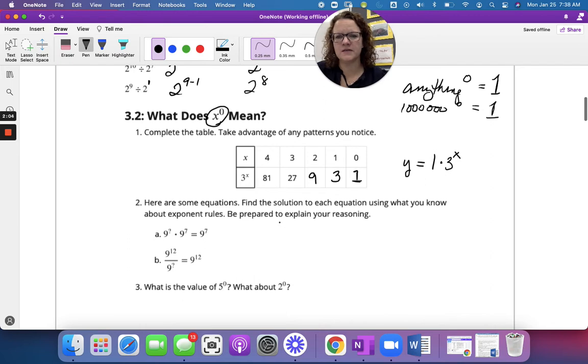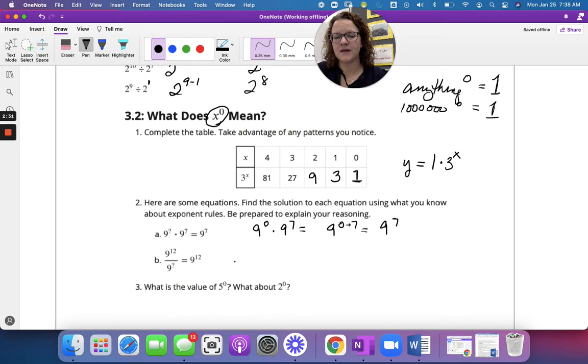Here are some equations. Find the solution to each equation using what you know about exponent rules. So here, 9 to the what power times 9 to the 7 equals 9 to the 7. Well, I haven't changed anything, so 9 to the 0 power times 9 to the 7th power equals 9 to the 0 plus 7, or 9 to the 7. Now I'm dividing.